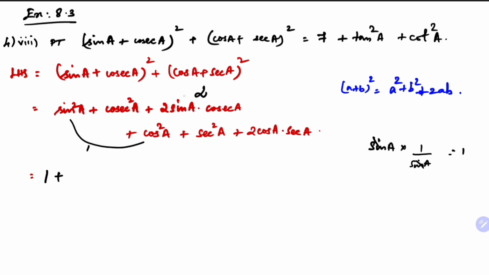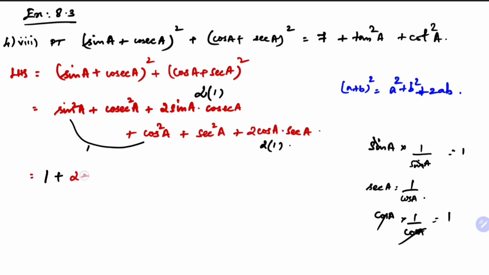So this is 2 into 1, which is 2. Similarly, cos A into secant A can be written as cos A into 1 by cos A, which is 1. So this is 2 into 1.